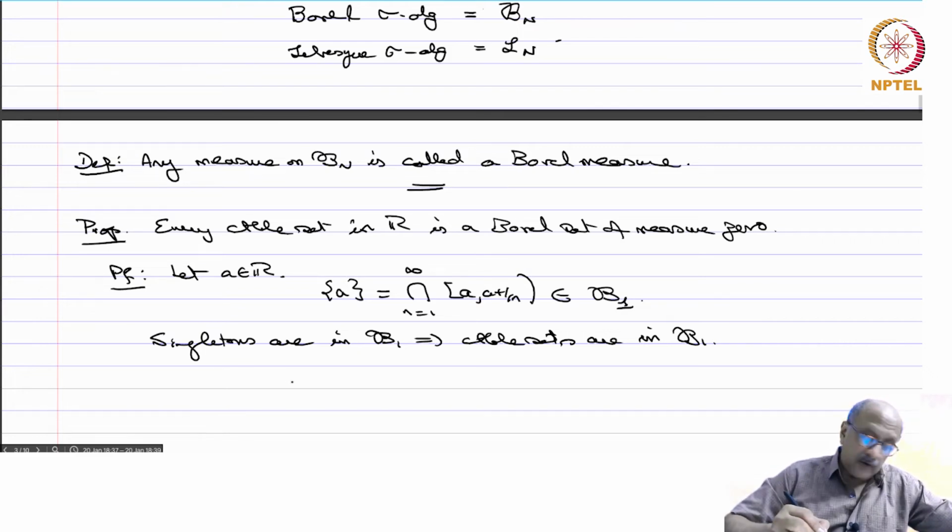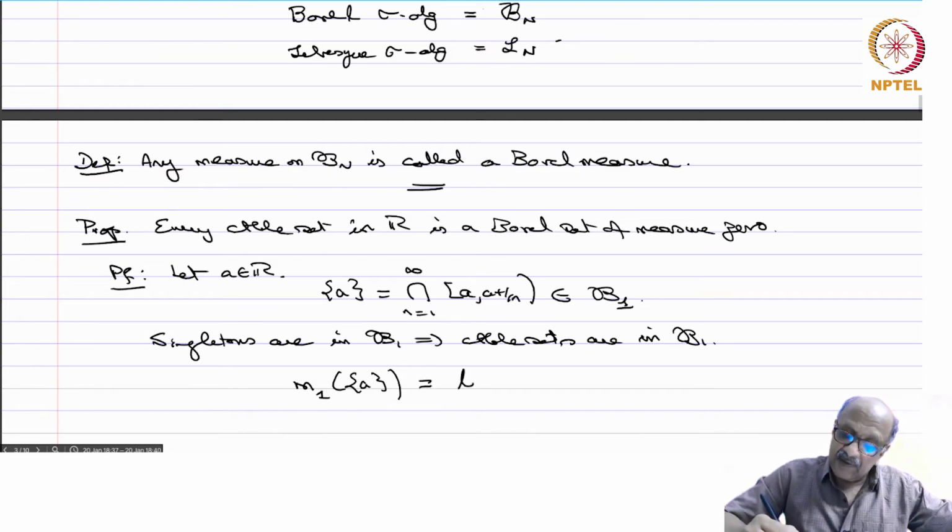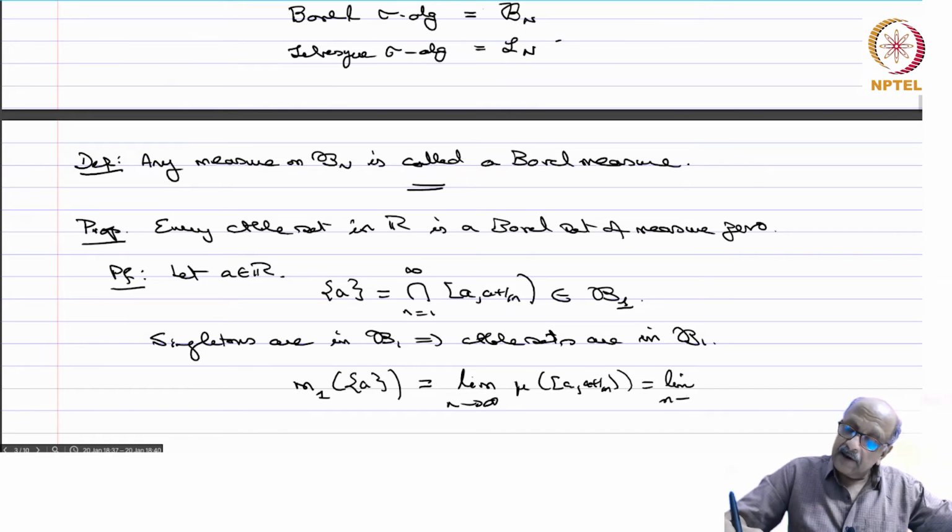Okay, so now what is the measure of the singleton {a}? Now this is a decreasing sequence, they all have finite measure, and therefore when you have a decreasing sequence of sets and the intersection, when everything is finite, this is nothing but the limit as n tends to infinity of mu of (a, a + 1/n], which is equal to the limit as n tends to infinity of 1/n, which is 0.